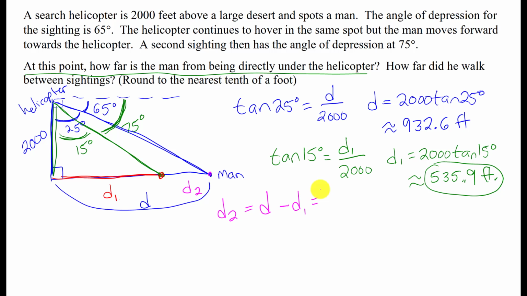So I just need to do 932.6 minus 535.9. And it looks like I get 396.7. So 396.7 feet for the distance that he walked right here.